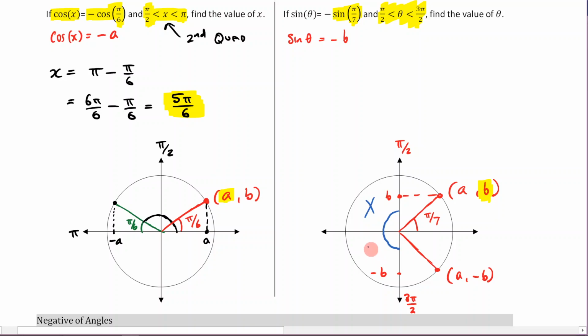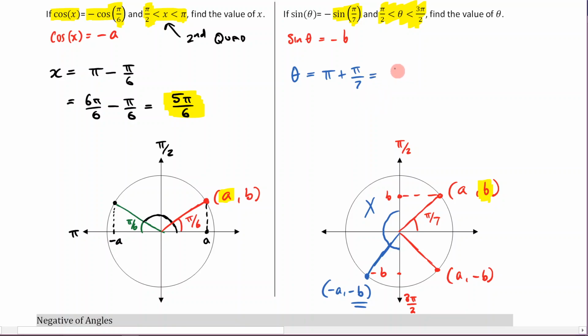So how am I going to find it? What I'm going to do is say, well, what it's asking me to find is simply this. Because this right here is going to be negative a, negative b. And that's what we want. We want that negative b. We know that the angle that we need to remember here is going to be pi plus the angle that we've been given, pi on 7.